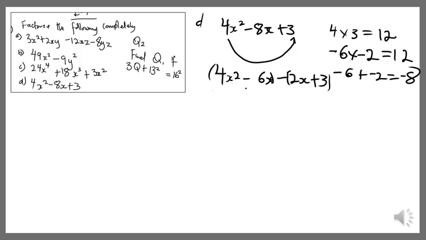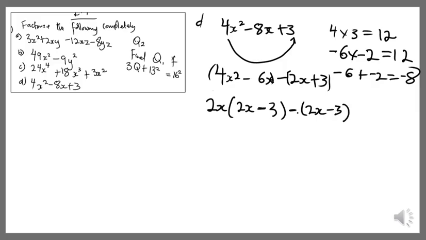So what is the common factor over here? In this case, the common factor here will be 2, right? So 2x comes outside the bracket, then what do we have here? 2x minus 3.